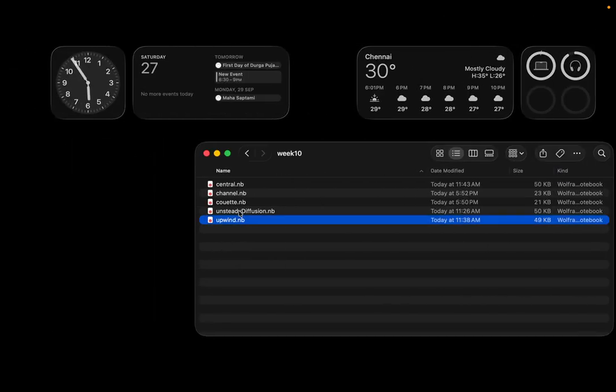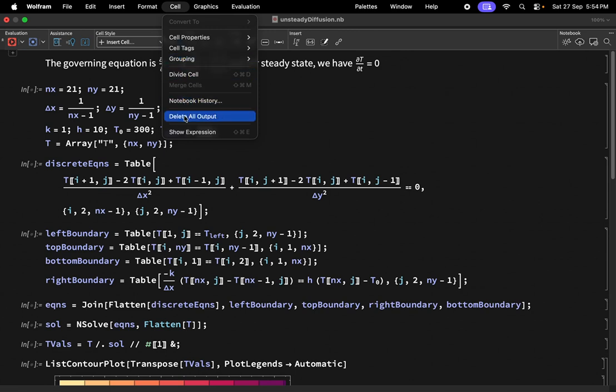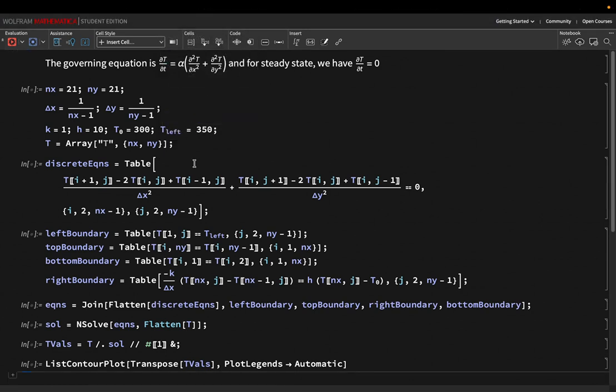Let us first solve steady diffusion. This is the equation I have written here, which holds for all the grid points except the boundary cells.